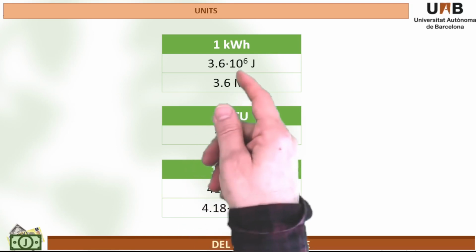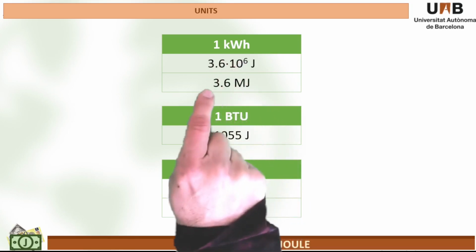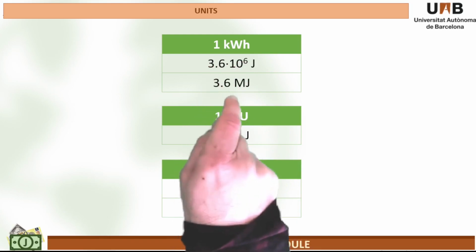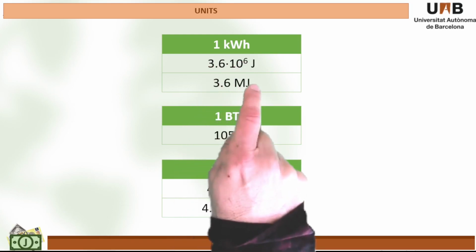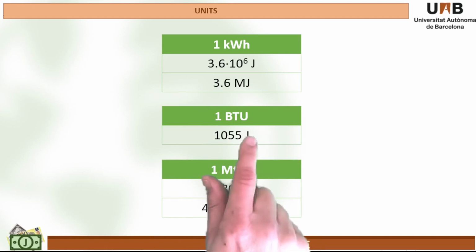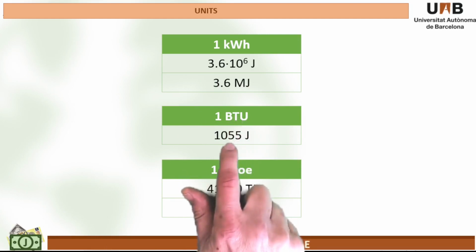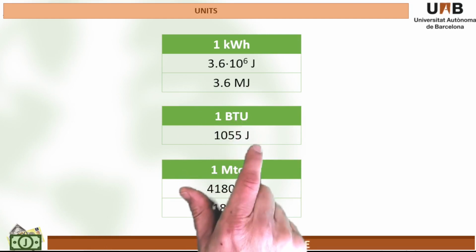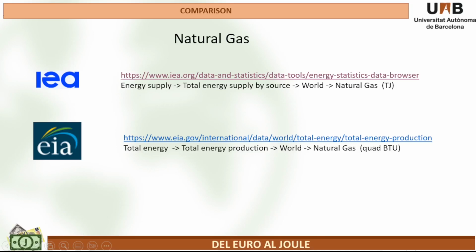The other two, 1 kilowatt hour is 3.6 millions of joules, and the British thermal unit is 1,055 joules. To see why this is necessary, we will see the same data from these two agencies.